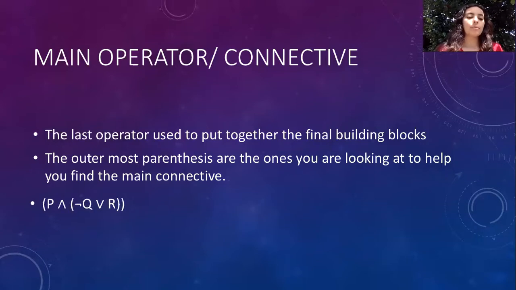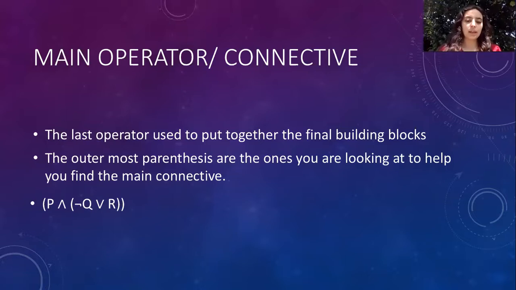Okay, so in this example, we have 3 connectives. The first connective is the negation, and that's combined with the Q. The second connective is within this innermost parenthesis, and it's combining not Q and R, and this is our disjunction. It's within just that first parenthesis that's inside the full big parenthesis. So what is that full big parenthesis combining? Well, that's combining the P with that full sentence that we have parentheses around, right?